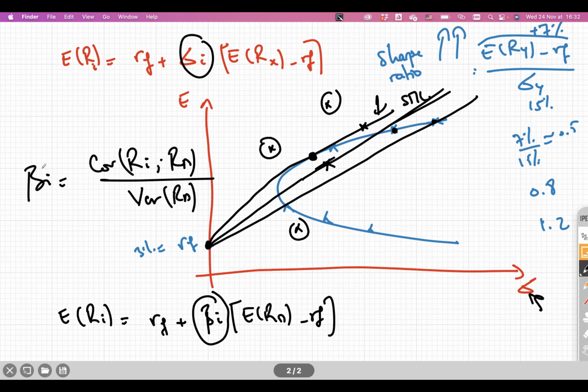By amplifying, I mean you will keep the same direction, but with more amplitude. Let me just give you an example. If beta I is equal to 2, for example, which means more than 1, and the market is going up by 1%, this stock will go up by 2%. See?